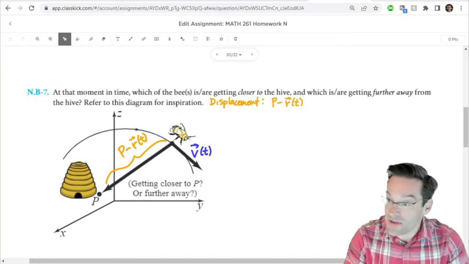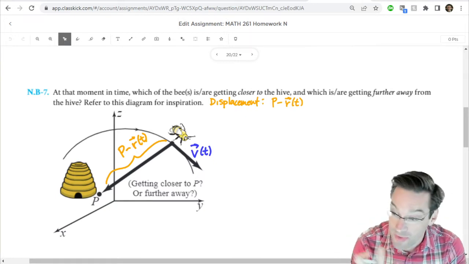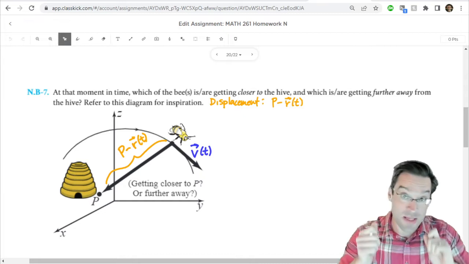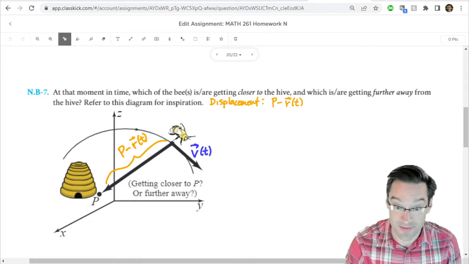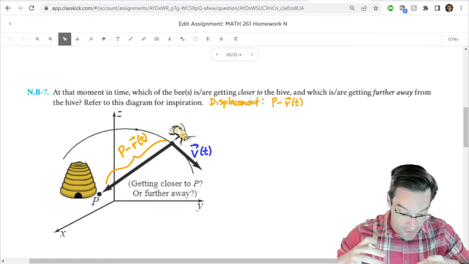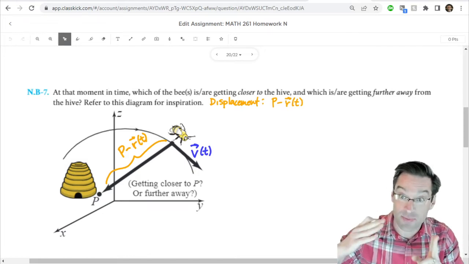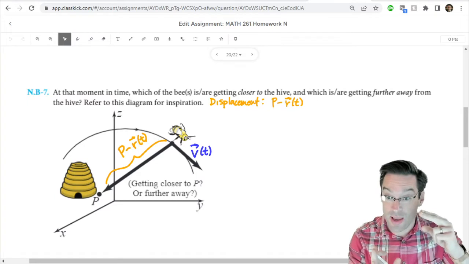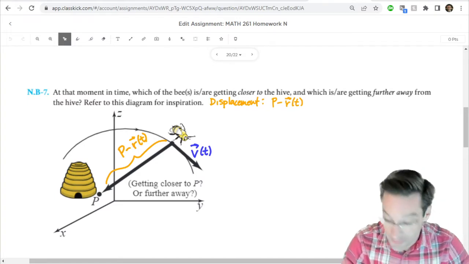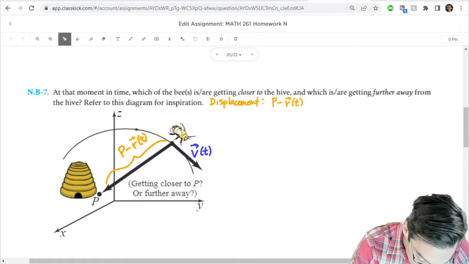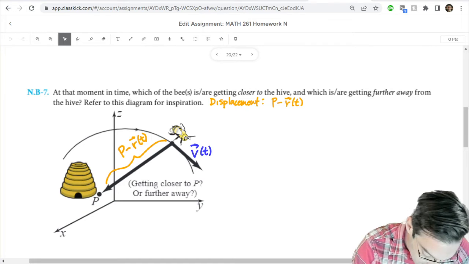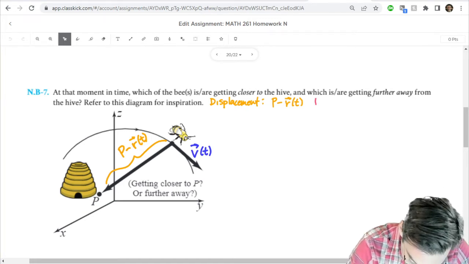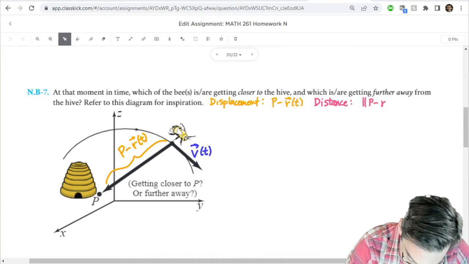And so the question being asked in this problem is, how is that displacement vector's length changing? That's the big question here. How is that distance, which is measured by the length of that displacement vector, changing as time evolves at the time t equals 1? So what we need in some way is to measure distance, and distance is the length of that displacement, the length of p minus r of t.